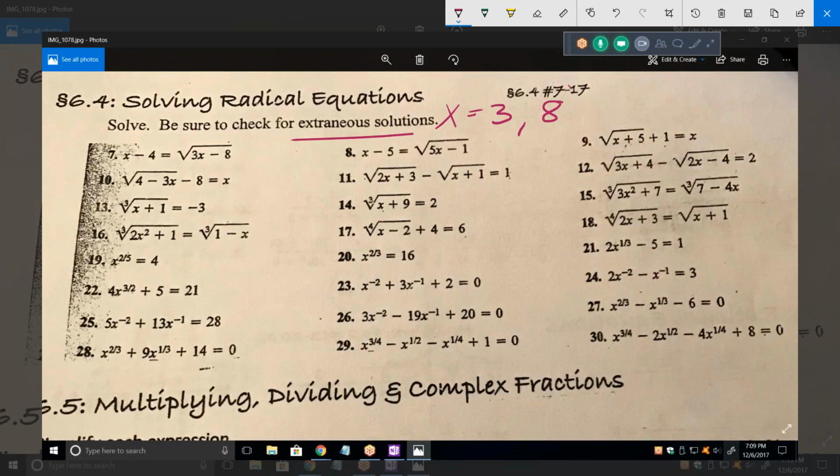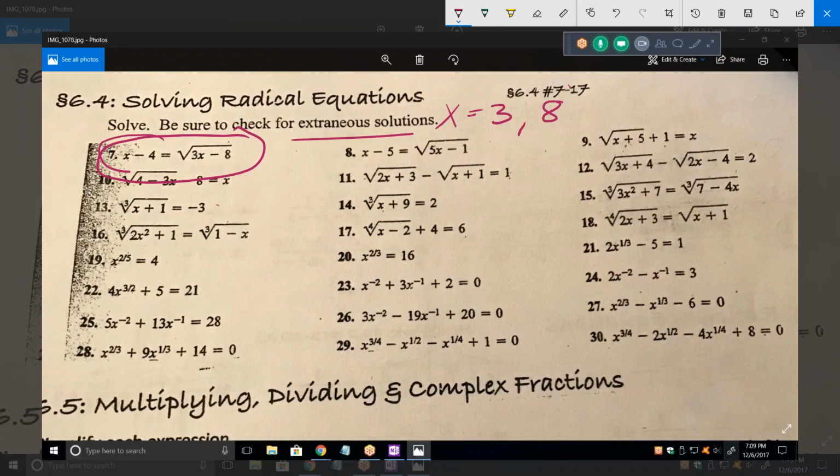The way you check is to plug in both your answers and make sure that both of them give you an equation that is proper. So let's do it. Plug in 3. You plug it into the original equation, always. So 3 minus 4 equals the square root of 9 minus 8.